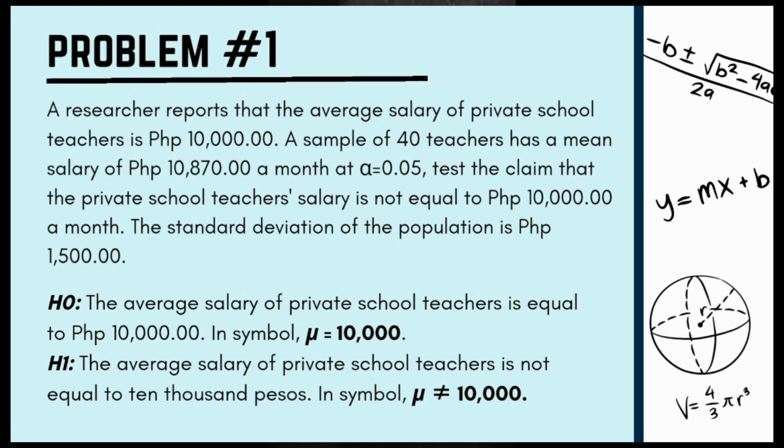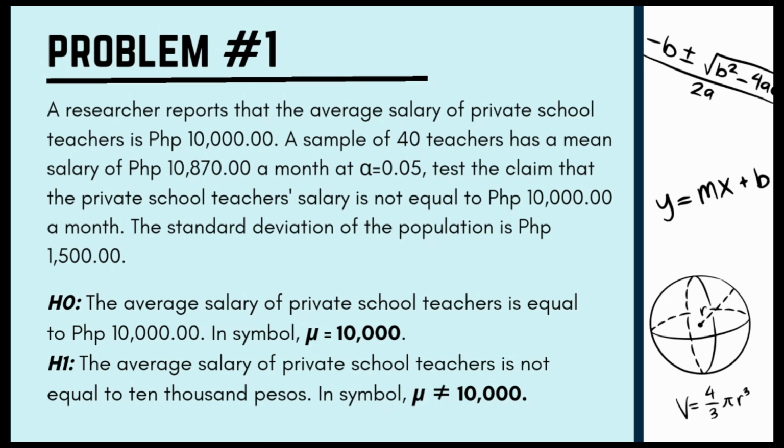The alternative hypothesis is the average salary of private school teachers is not equal to 10,000 pesos. In symbol, mean is not equal to 10,000. This alternative hypothesis is considered bidirectional because if the null hypothesis is rejected, this would mean that the average salary of private school teachers is less than or greater than 10,000 pesos.